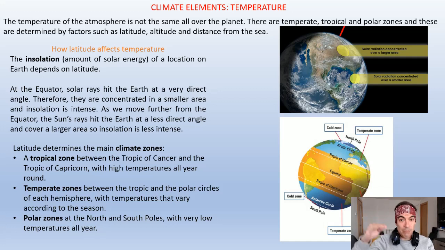But in winter, as we are now, in January, February, and March, the temperatures are the lowest. This happens in a similar way in the southern hemisphere, but with the seasons exchanged. For example, right now in Argentina or in Chile, they are in summer and they have high temperatures.